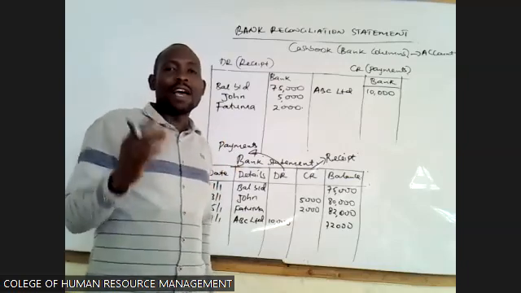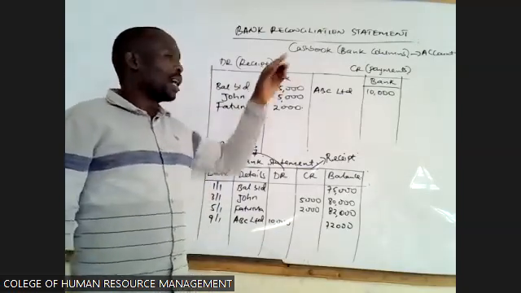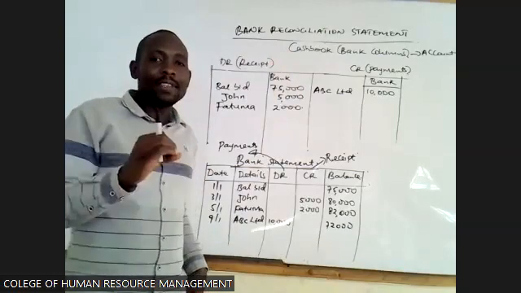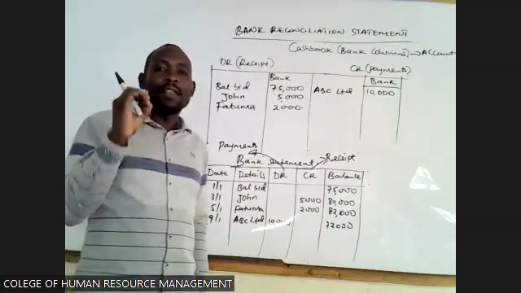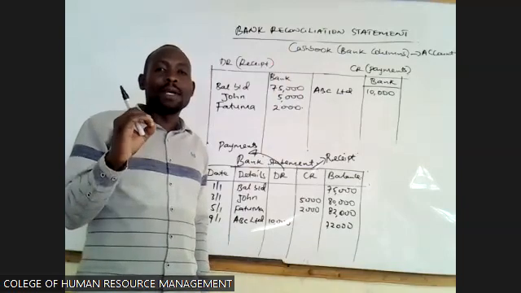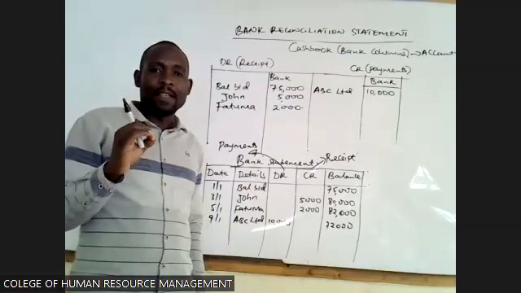The moment these figures are not the same, the accountant is forced to do a bank reconciliation statement, a statement that will explain why the cash book balance and the bank statement balance differ.